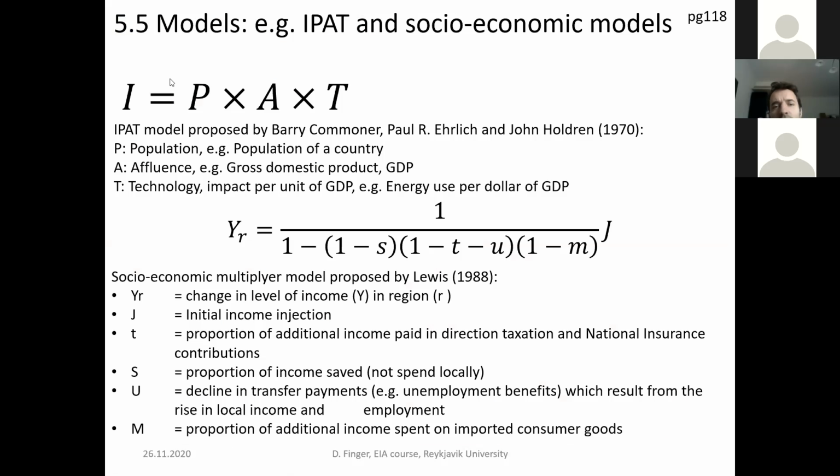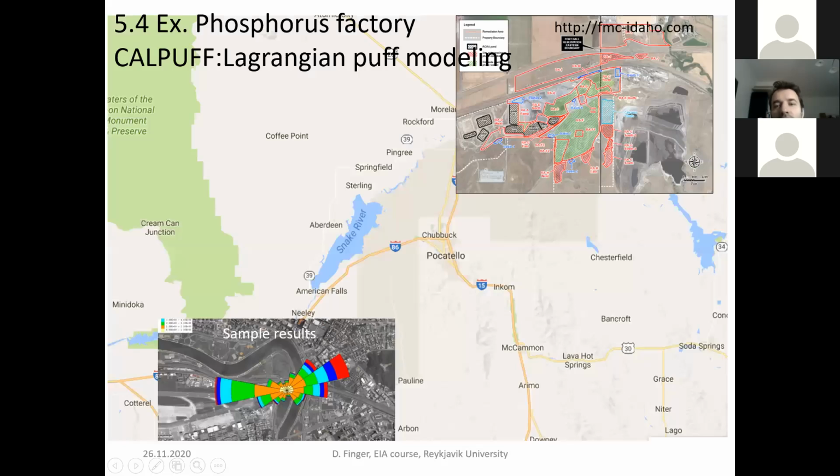I don't want to go into too much detail about this. If you're interested in how they actually came up with the exact formulation, you can read their publications developed in the 1970s. But nowadays you have a lot more sophisticated models, and they can range from air dispersion models.